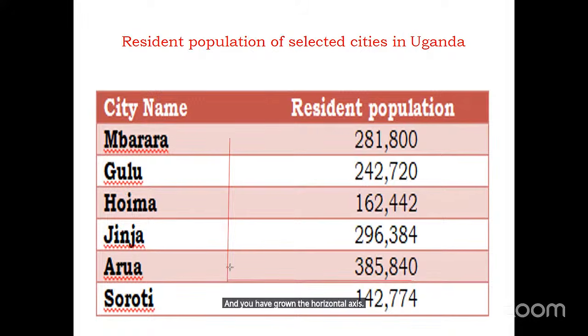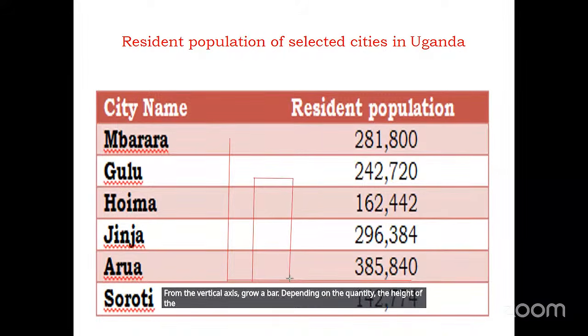Plot on 1 centimeter, considering your scale starting from 0. If you are to draw a bar, skip 1 centimeter from the vertical axis and draw a bar. The height of the bar depends on the quantity, and shade this bar.